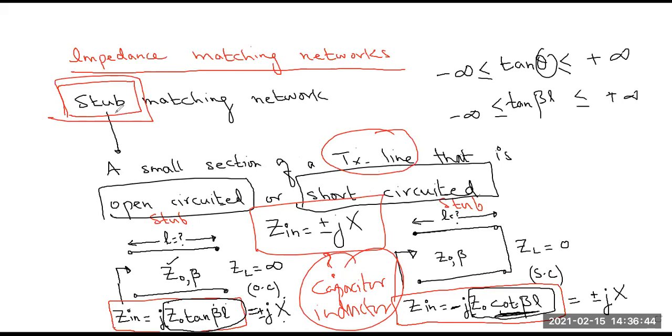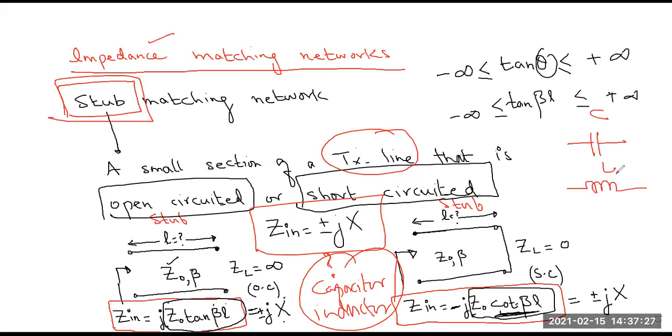When I will use a stub as an impedance matching circuit, what type of role will the stub play? It can act as a capacitor or as an inductor. So now you have another important concept of microwave engineering: in addition to ordinary capacitors and inductors that you are used to, even from your basic circuit theory courses, whenever you want to represent a capacitor, you represent it like this, and then you have an inductor like this.